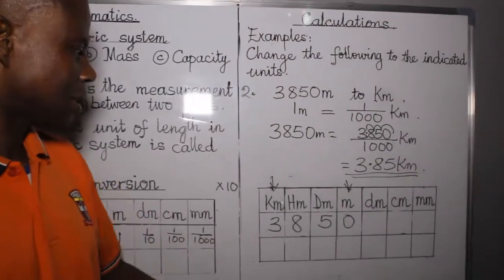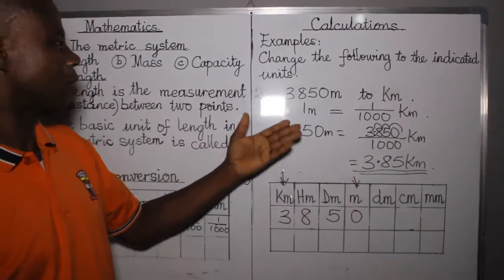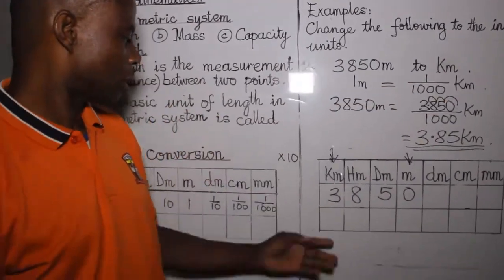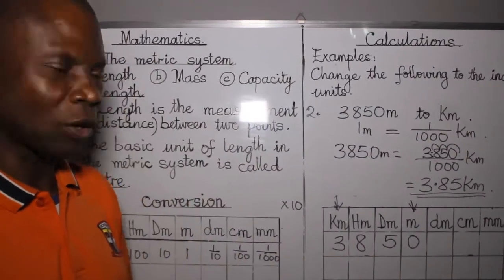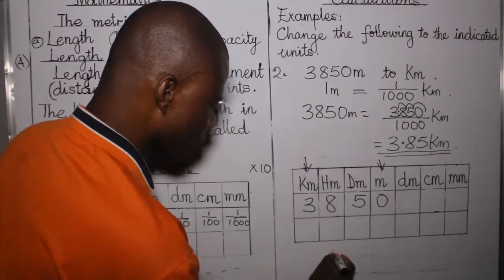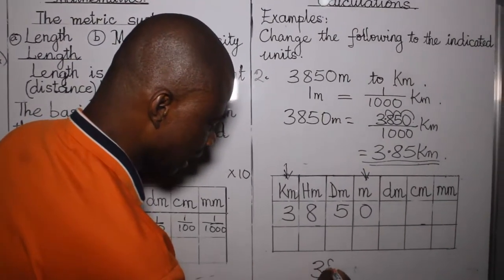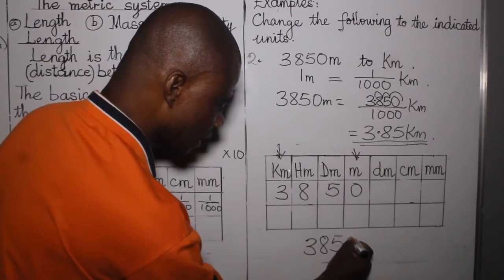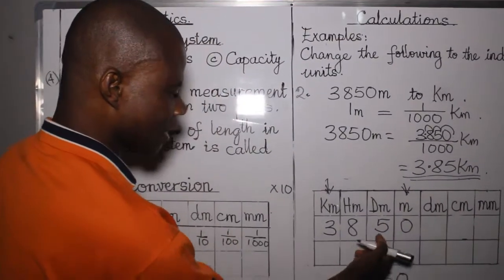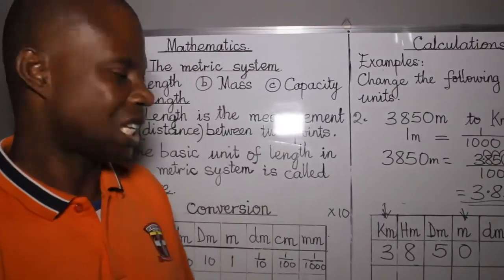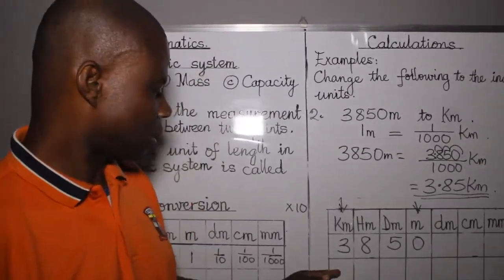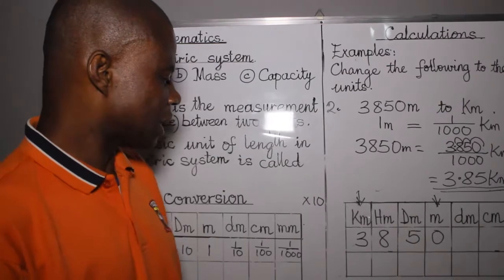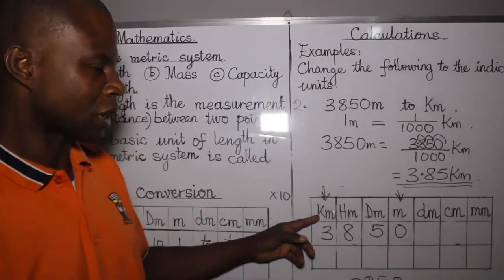And this gives us 3,850 meters. The question asks us to convert it to kilometer. So just copy out the figure you have on the table. And that gives you 3, 8, 5, and 0. Then, to change it to kilometer, you locate the column of the kilometer.